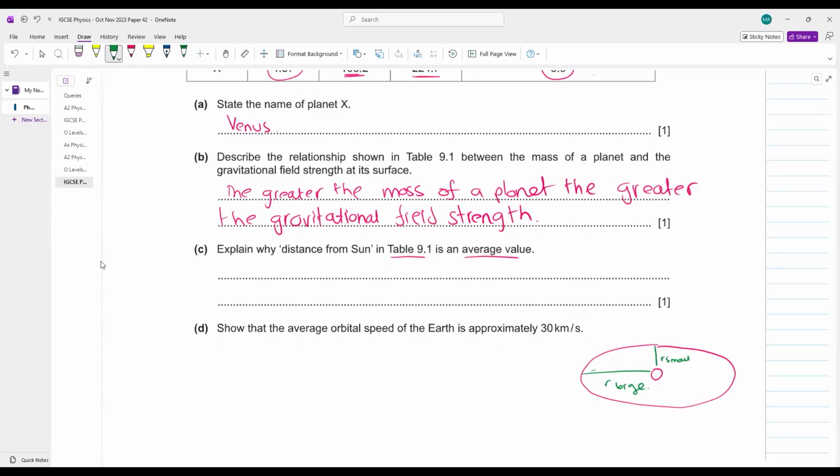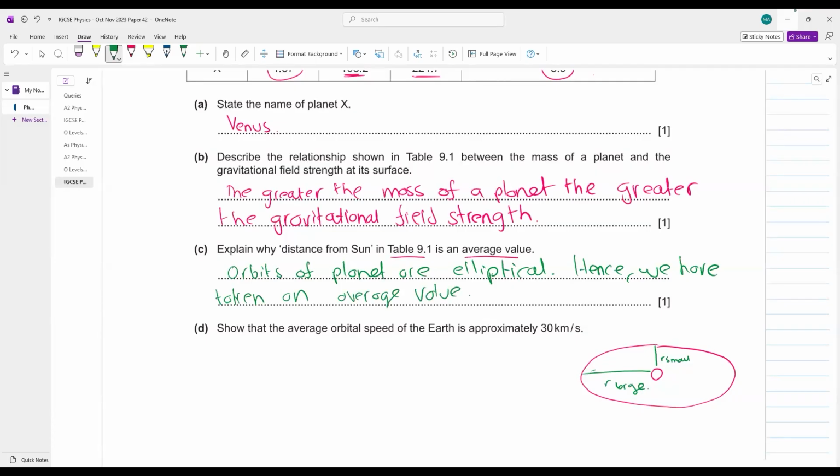So you can say the orbits of the planets are elliptical, hence we have taken an average value.